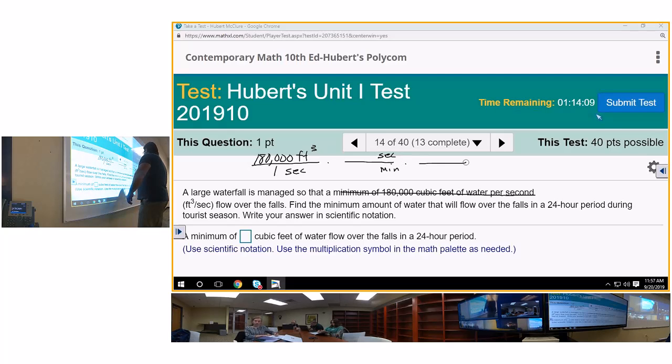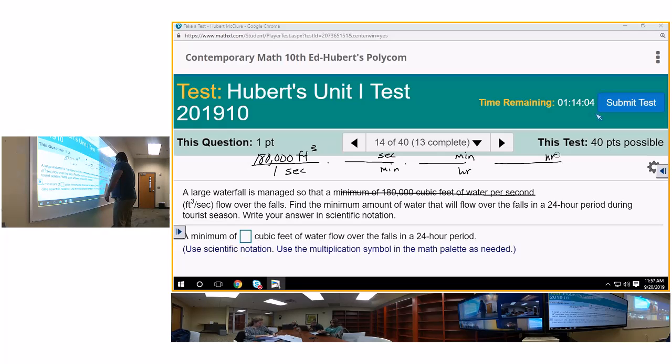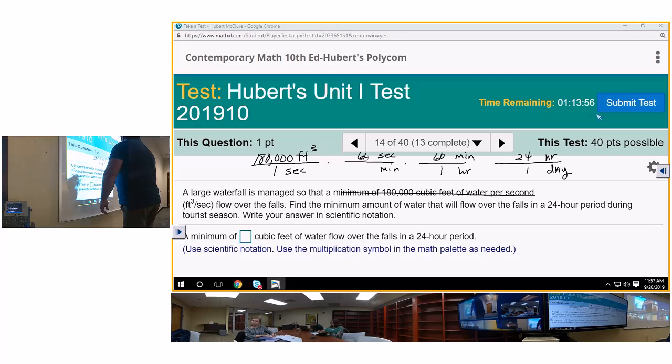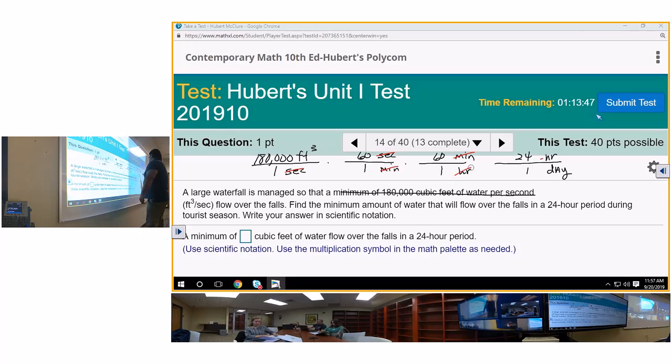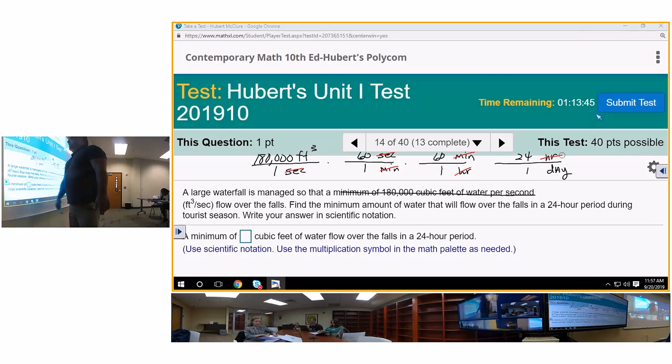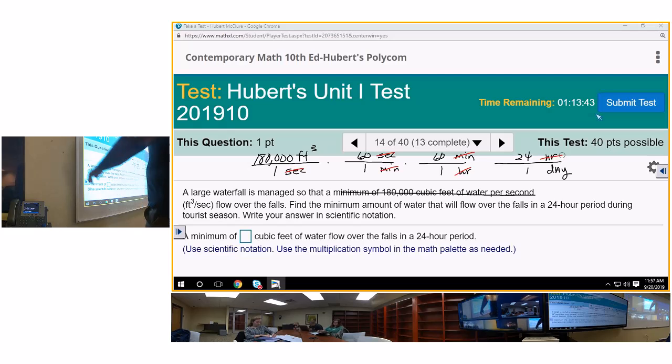Minute, hour. Hour, day. 24, 1. 60, 1. 60, 1. And of course, the minutes cancel, the seconds cancel, the hours cancel, and you're left with all that per day.